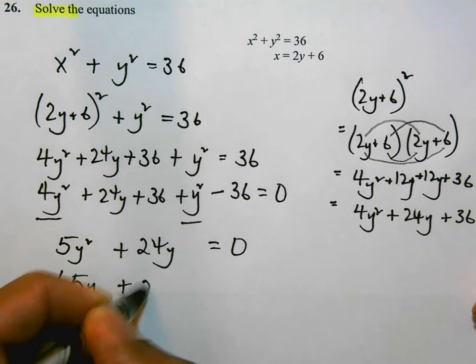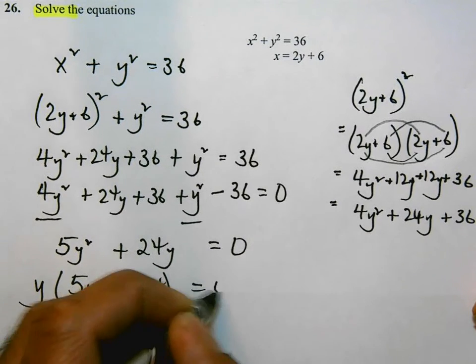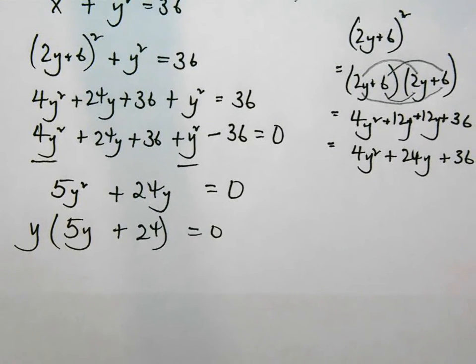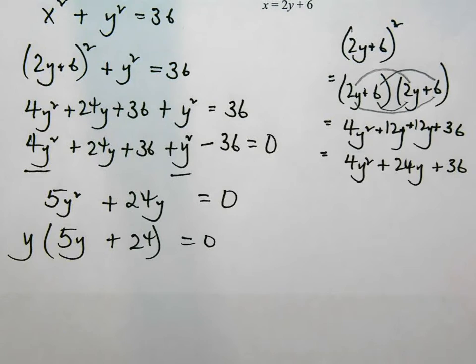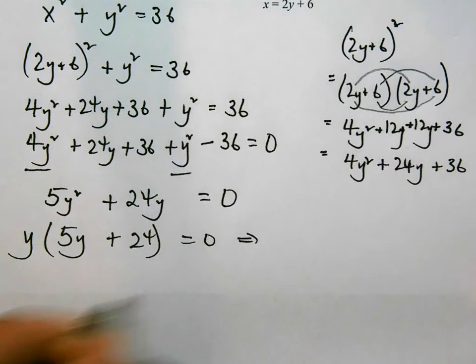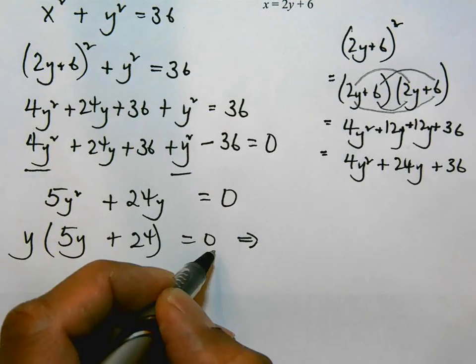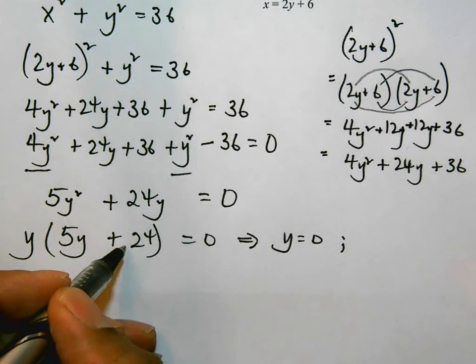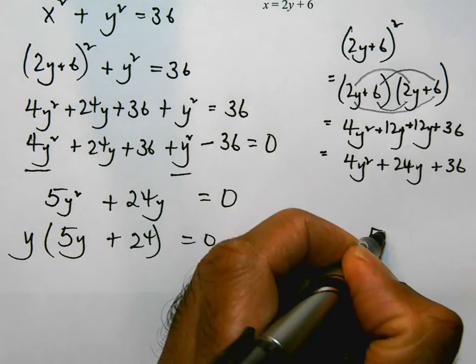From this, I can tell two things, that y is equal to 0. That's one solution. And the other one is 5y plus 24 is equal to 0. So therefore, if I move the 24 across to the other side, it becomes minus 24. I'll have 5y here. Divide by 5.